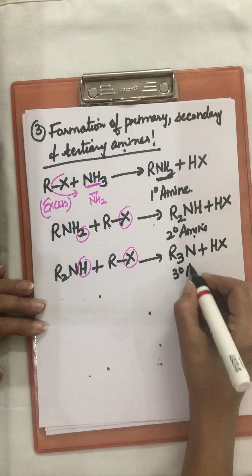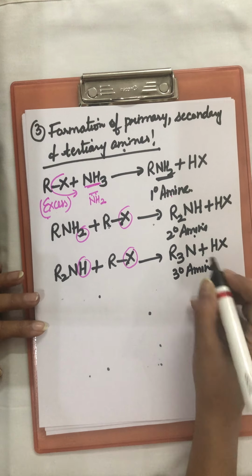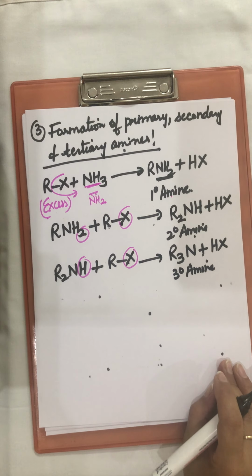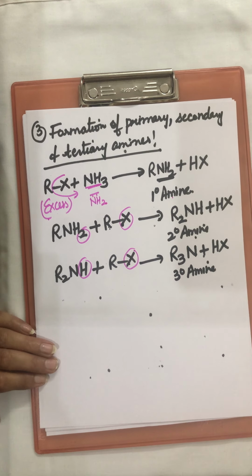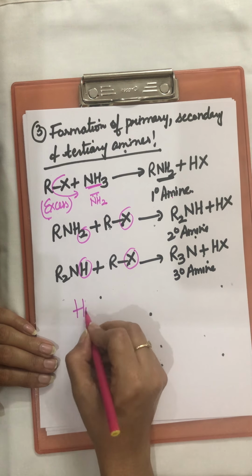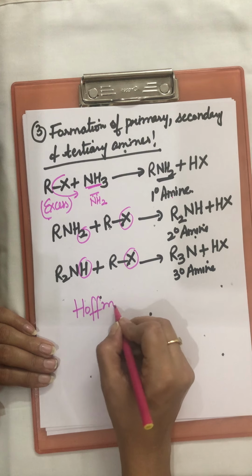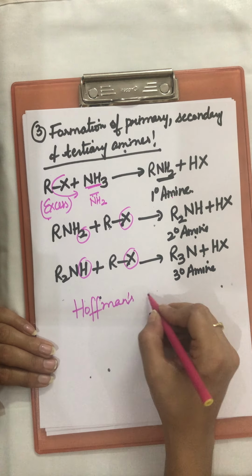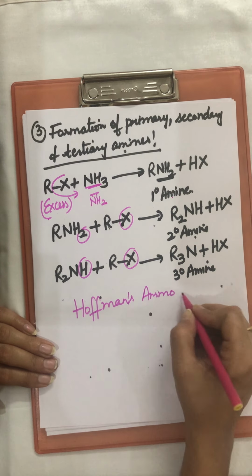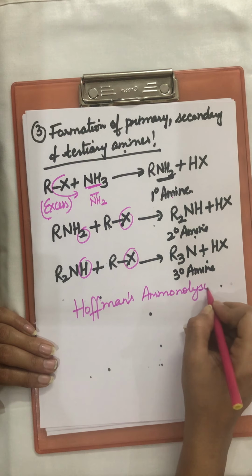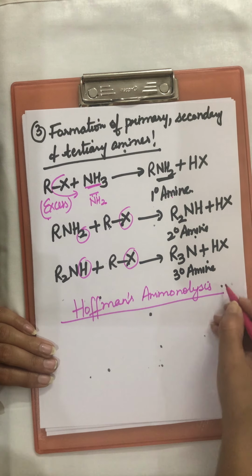This is tertiary amine. So in this case we get a mixture of primary, secondary and tertiary amines. This reaction is called Hofmann ammonolysis reaction. Name of this reaction is Hofmann's ammonolysis reaction.